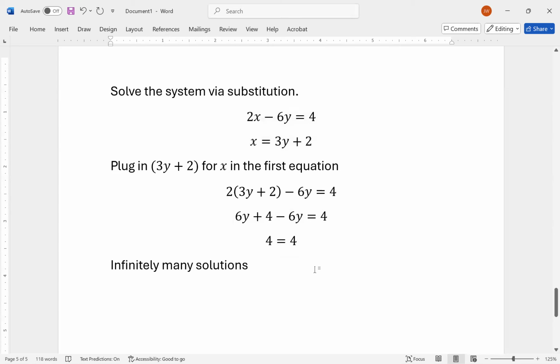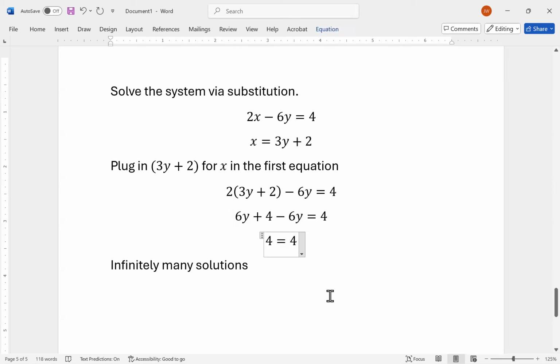In other words, these are actually the same line. So in the process of eliminating one variable, I've accidentally eliminated both. When that happens and I have a true statement, I end up with infinitely many solutions.